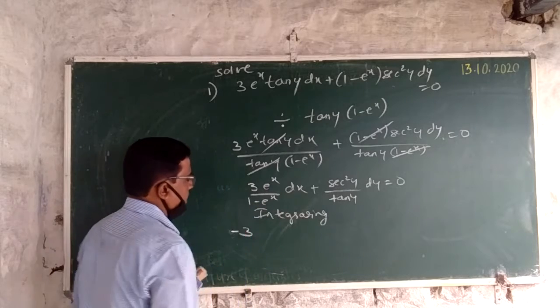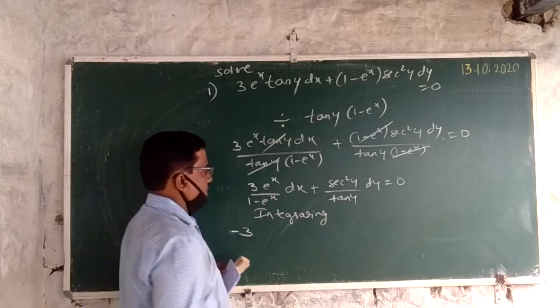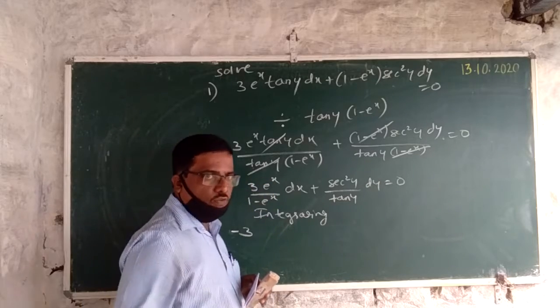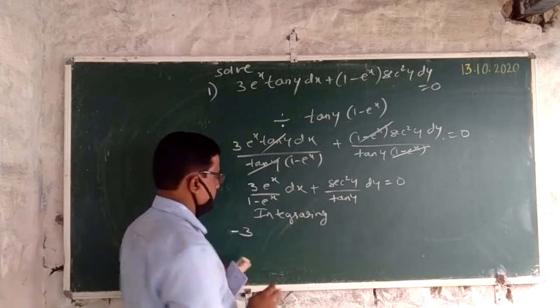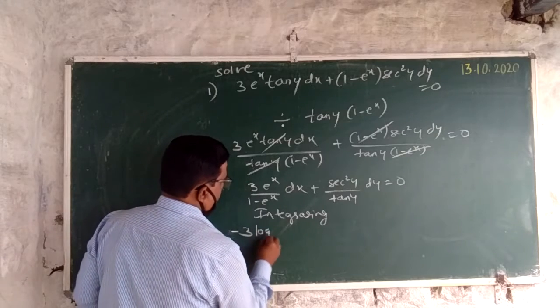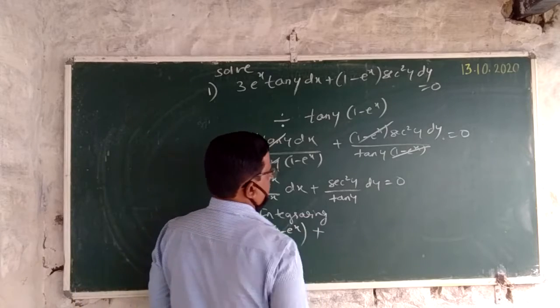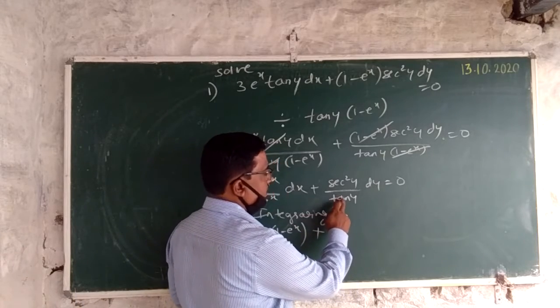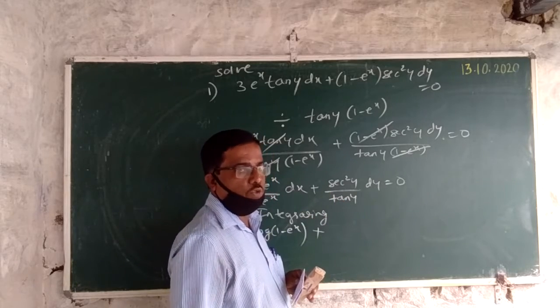So this gives minus, and when the numerator is the differential of the denominator, its integration is log of denominator, right? So it is log of 1 minus e raised to x plus, and here also when you differentiate tan y you will get sec square y, because differentiation of tan x is sec square x.